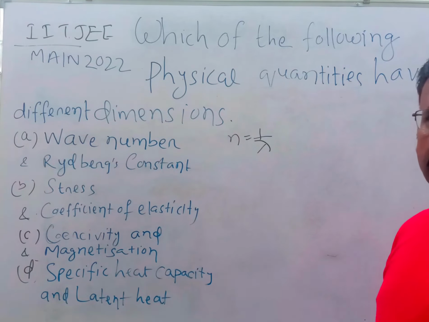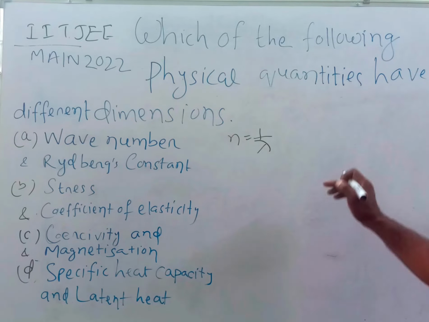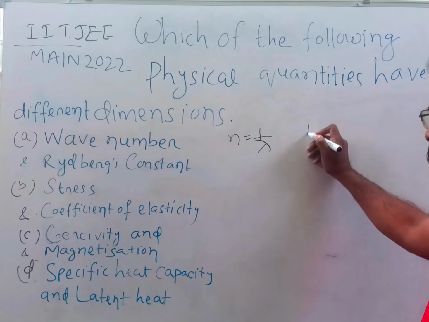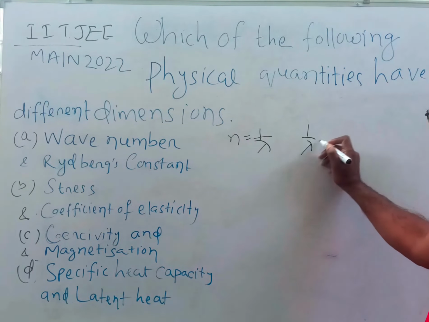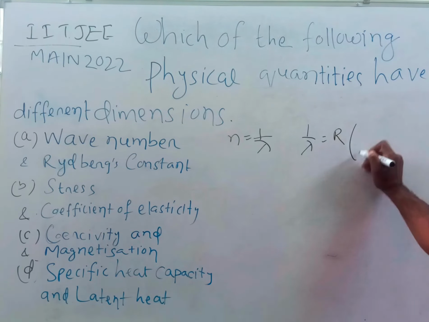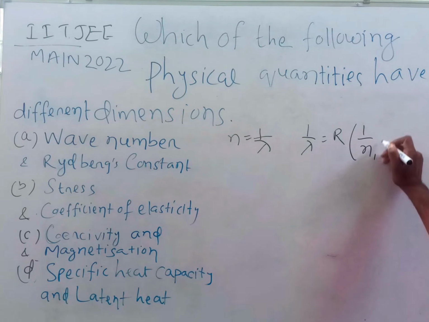And what is Rydberg constant, student? We have come across Rydberg constant in the Niels Bohr theory of hydrogen atom, student. That is 1 by lambda is equal to R into (1 by n1^2 minus 1 by n2^2).